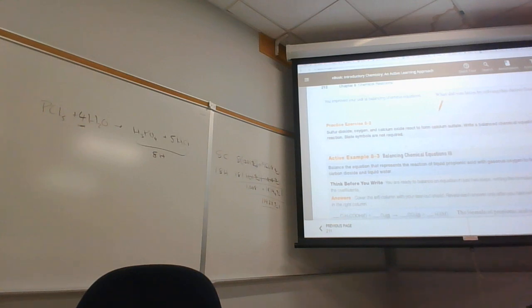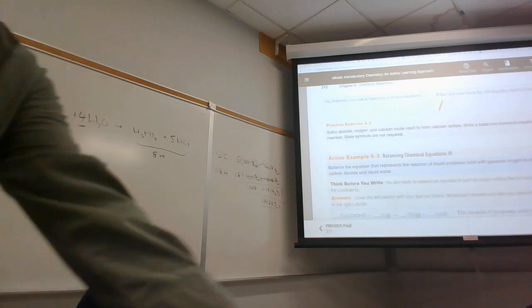Now, if you're to guess the states, sulfur dioxide, do you know what the state is? Solid, liquid, or gas? It turns out it's a gas. Oxygen? What do you think about calcium oxide? Solid, liquid, or gas? Solid. And then this is going to form calcium sulfate. So what is calcium sulfate? Well, I know what calcium is. Calcium is Ca2+.